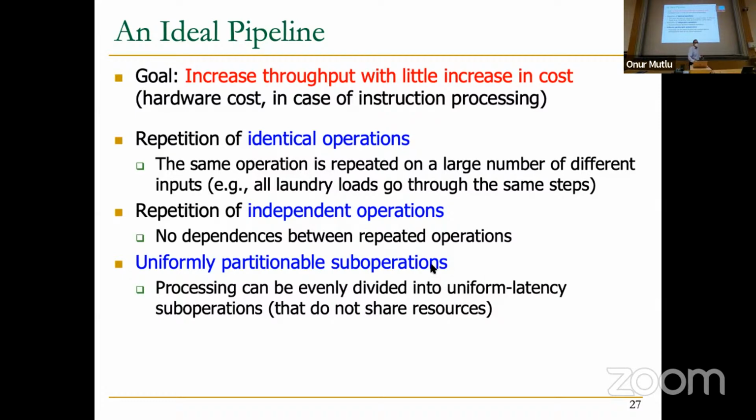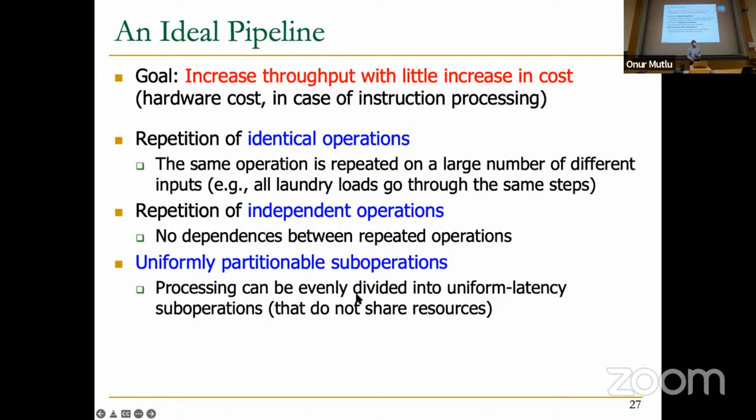Laundry actually has this basically. You can make it uniformly partitionable, hopefully. It requires some effort, actually. But they do not share resources in the laundry case. The assembly line of cars also has this property. Uniformly partitionable, you need to be careful about the evenly divided part still in those ideal pipelines, but you can make that happen. In a computer pipeline, it's actually much harder to do this.